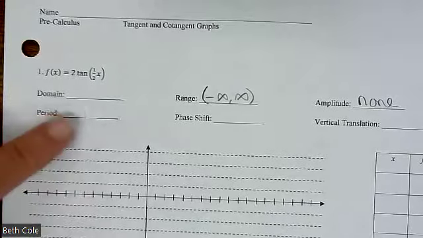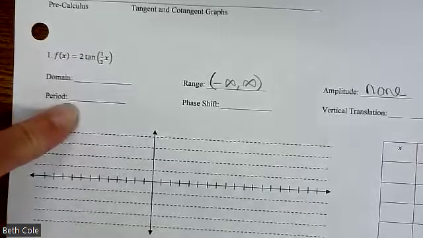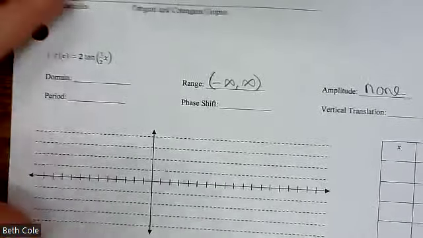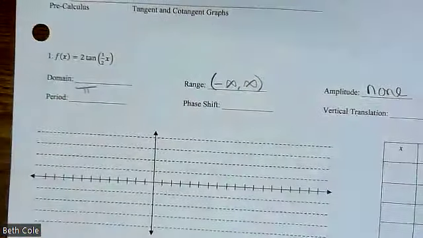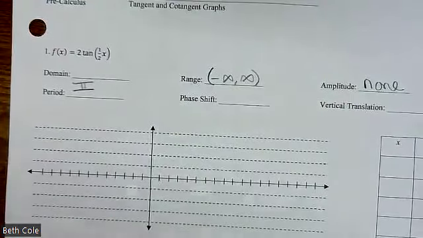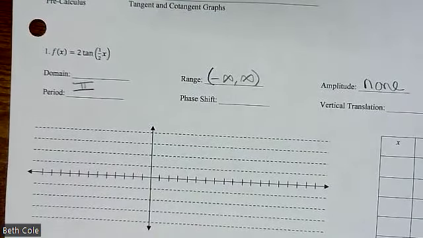All right, here's where this is different. For the period, it used to be 2 pi over b, whatever's in front of the x. Now it is just pi over that number. Again, for tangent and cotangent, it's different. You only have to go halfway around the circle. So it'll be pi over what number? 1/2.